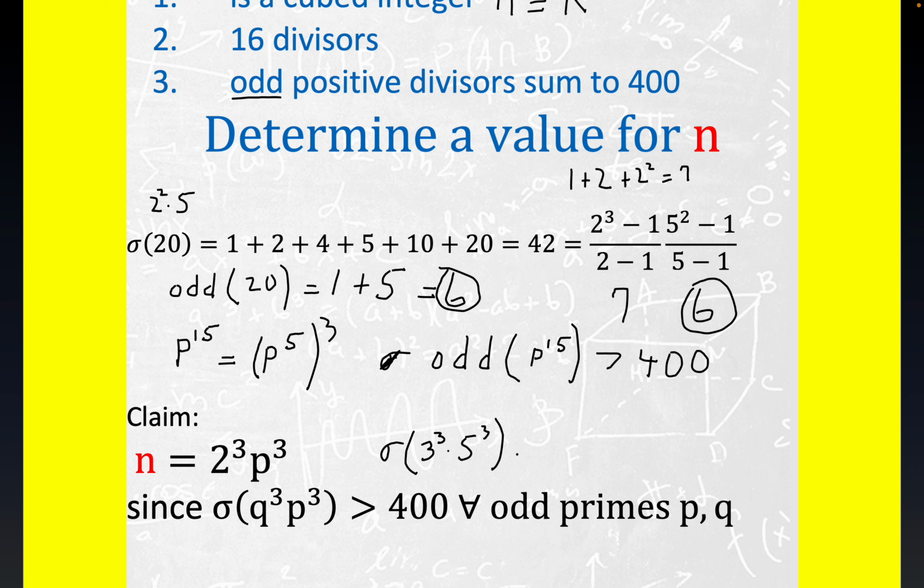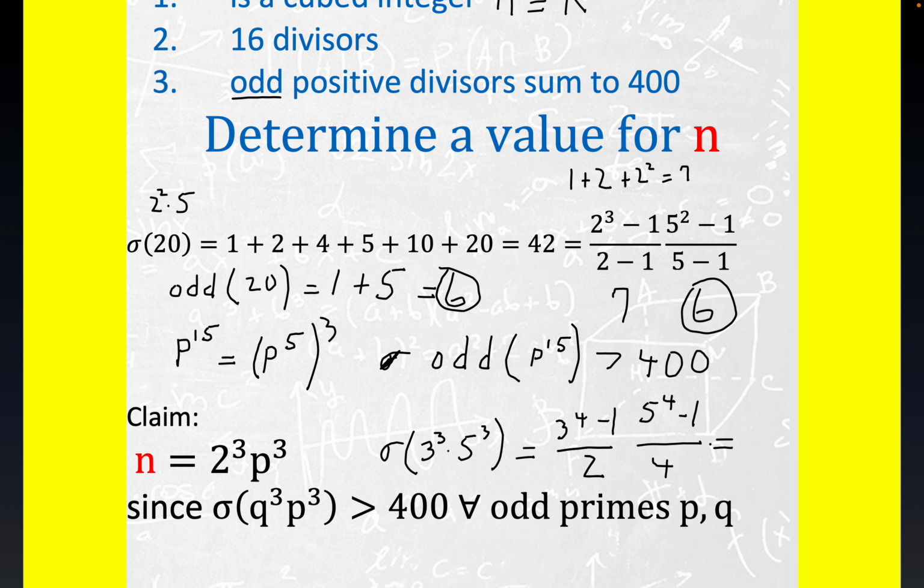So this is equal to (3 to the 4th minus 1) over 2 times (5 to the 4th minus 1) over 4.